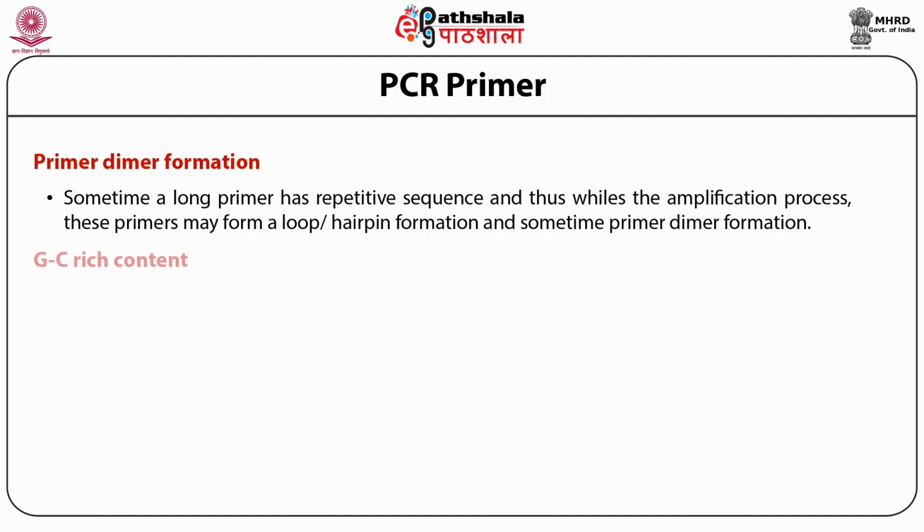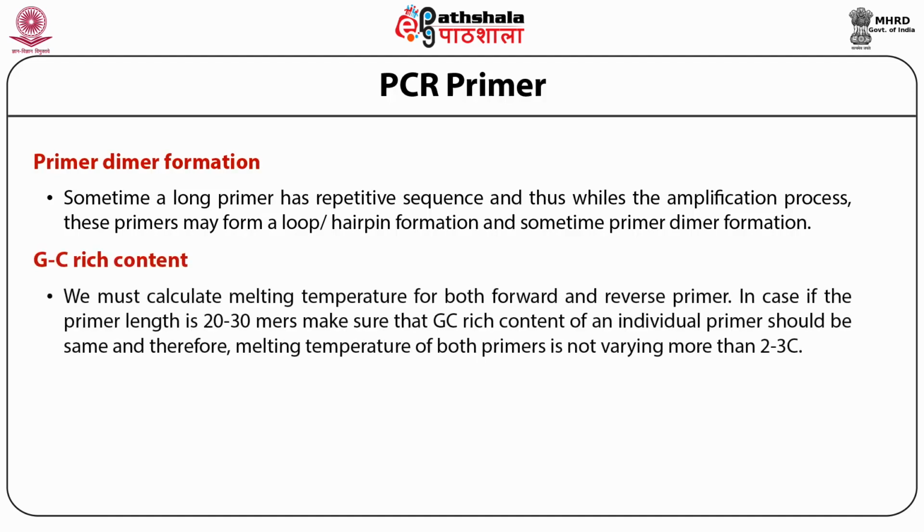Next, come to the GC content. We must calculate the melting temperature of both the forward and reverse primers, and in case of a primer length of approximately 20 to 30 mer, make sure that in both the flanking regions, that is at the 5' end and the 3' end, there is a G-C sequence so that it can easily anneal due to the 3 hydrogen bonds.